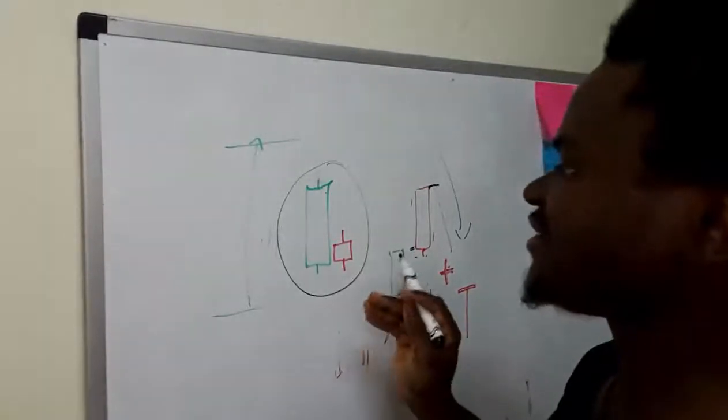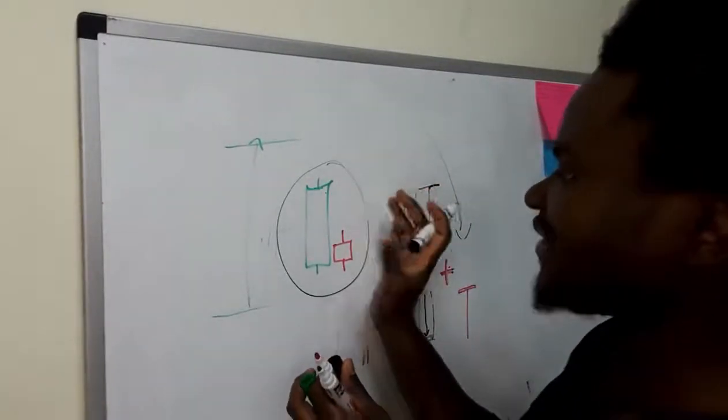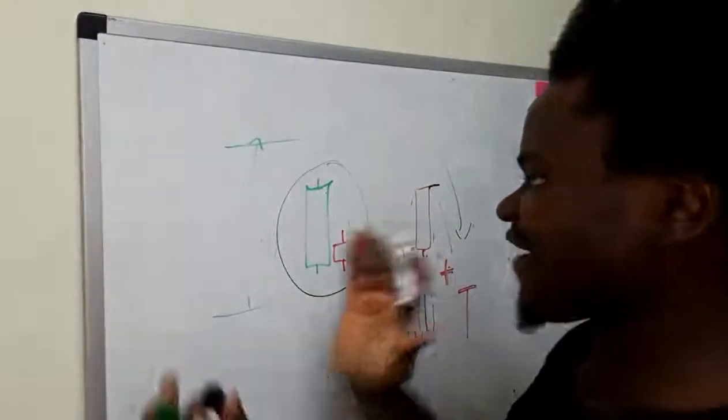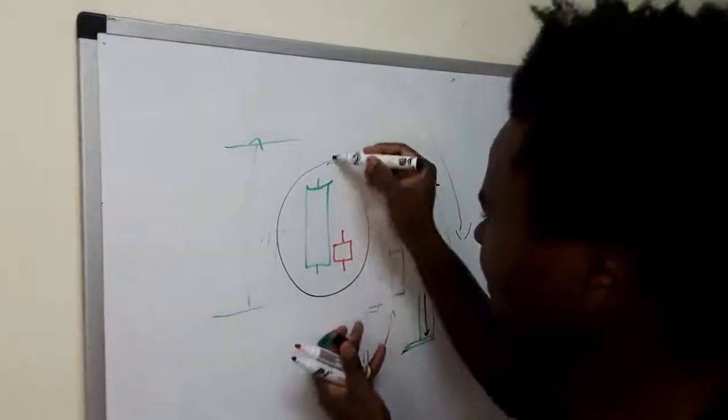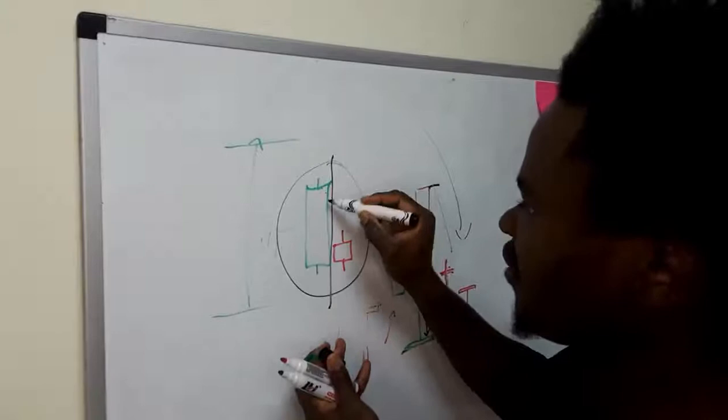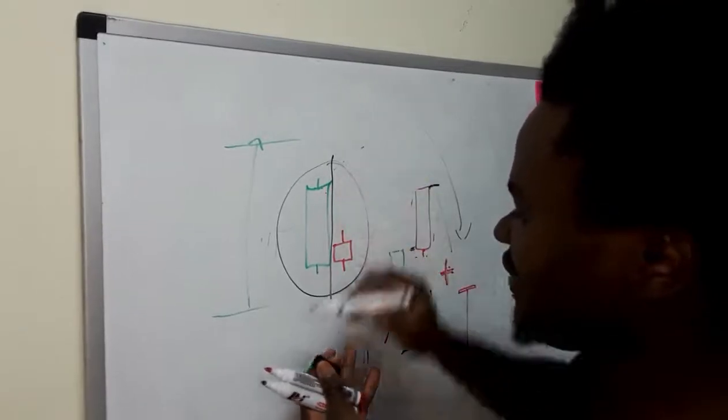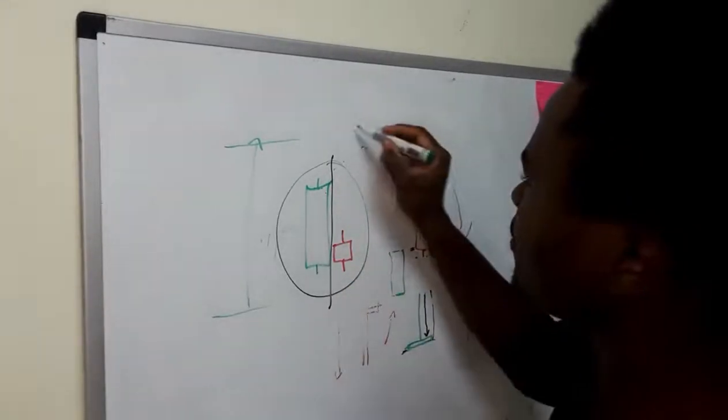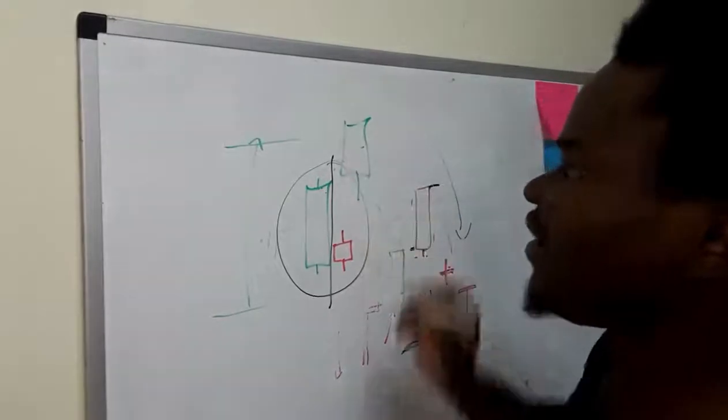So in our next lesson, we will be looking at patterns that candlesticks will form when they combine together. If you look at this alone, you will think that in the subsequent candles, you will have maybe another bullish candle going up somewhere here.